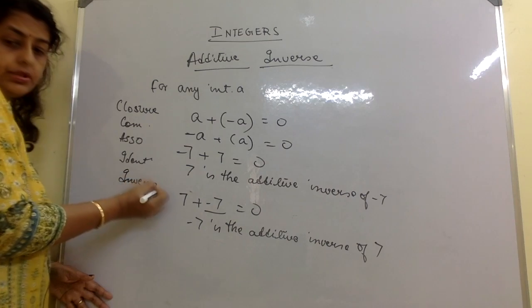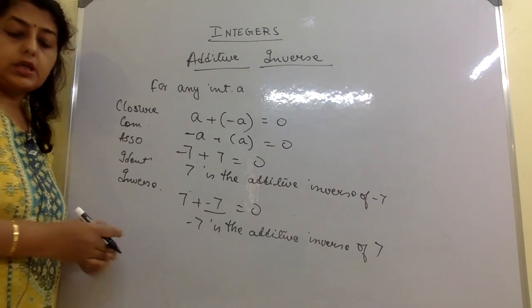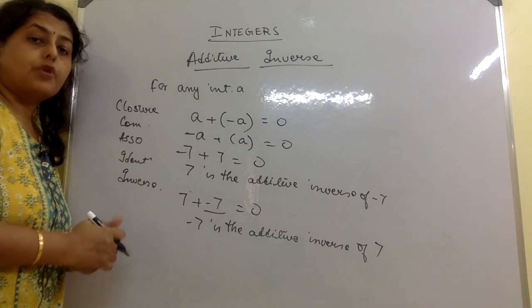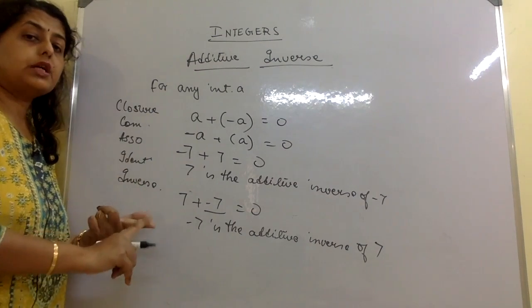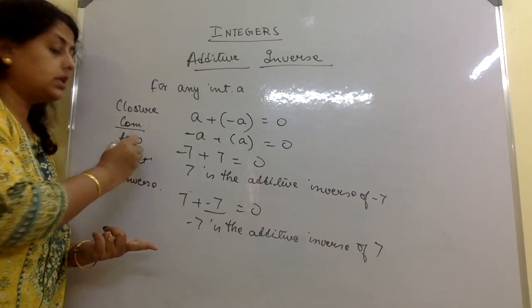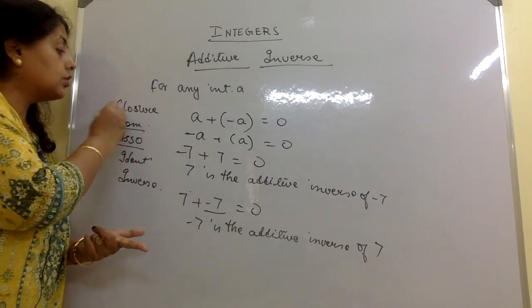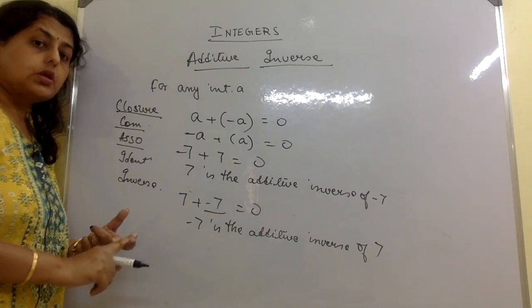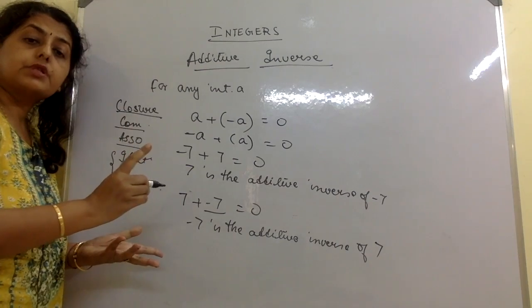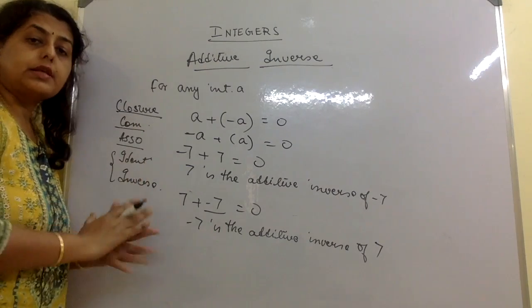Okay, so these are the few properties of integers. Integers follow these properties. Till now we have done commutative on addition, it follows, associative on addition, it follows, closure on addition, it follows. Okay, and it has an identity and it has an inverse. Okay, so we have done that much.